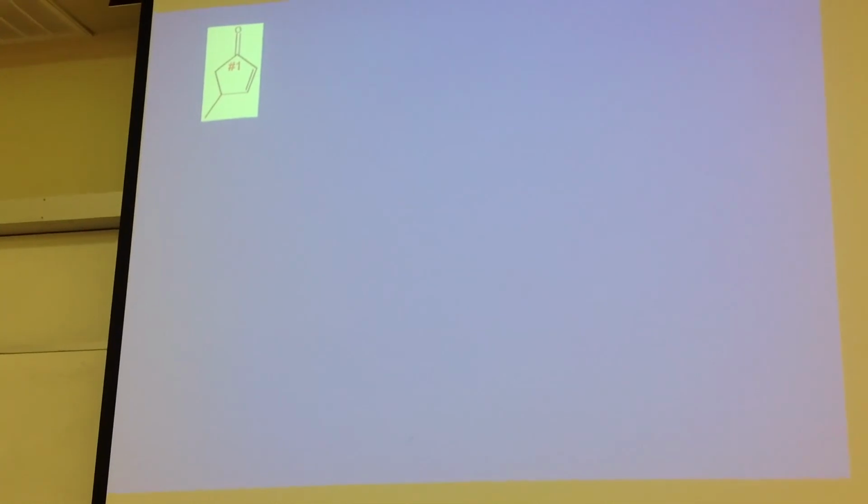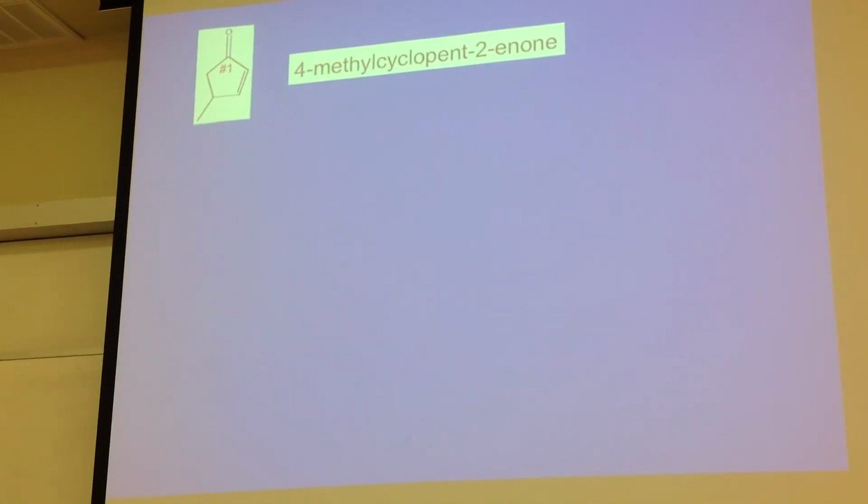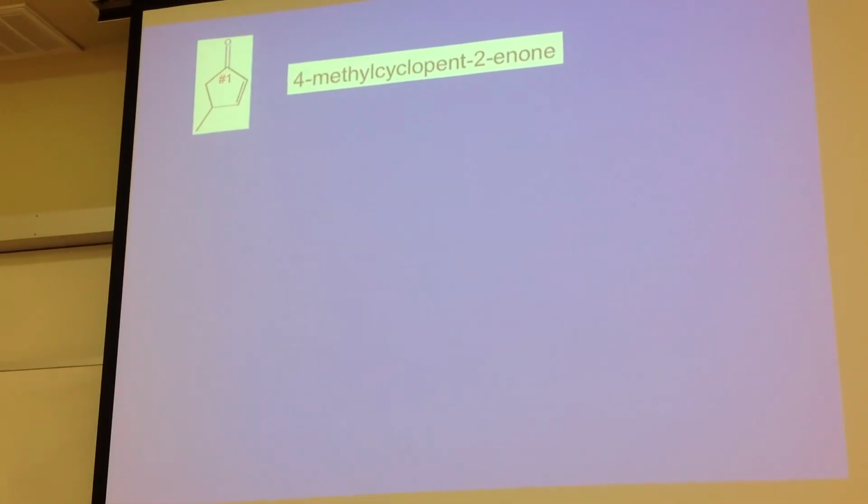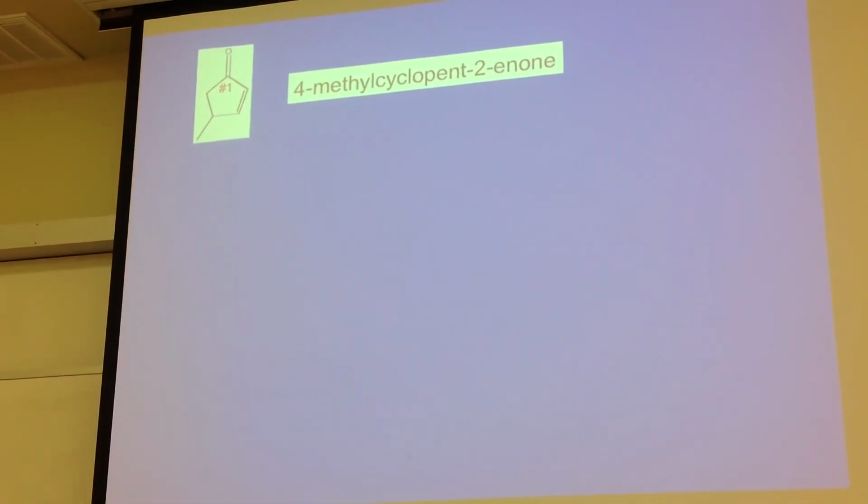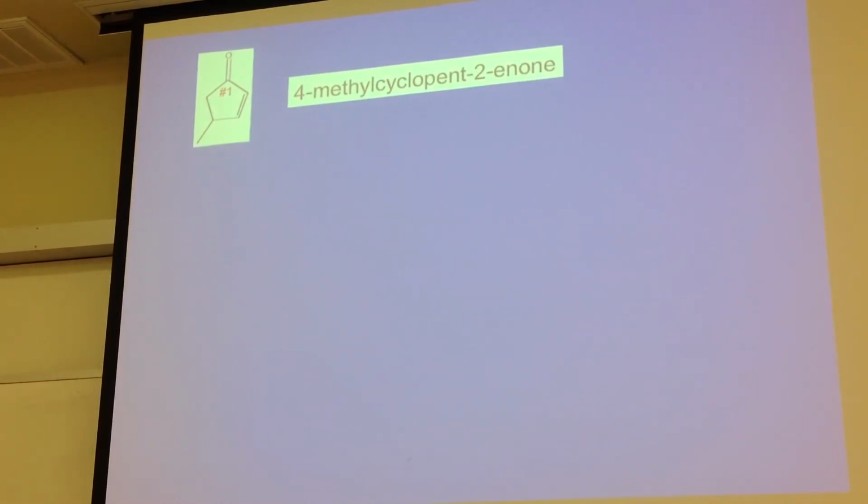So that guy right there, there's number 1, and I'm going to go around to encompass the double bond. I want to give that double bond the lowest number. It's part of the parent name, and it's a functional group, so it gets priority over methyl. So it's 4-methylcyclopent-2-en-one.